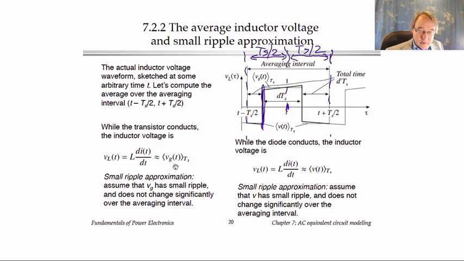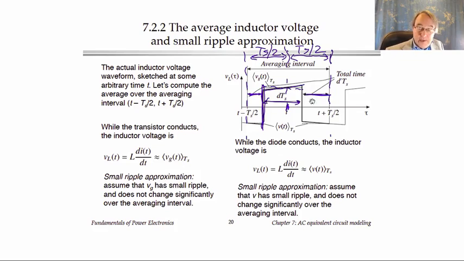So the inductor voltage during the first interval is the input voltage Vg. If it has ripple, we're going to ignore it, and we're going to replace this Vg of t with its average, the average Vg. Okay, so the D interval is this one right here. The D prime interval is the rest of the switching period, which there's some of it over on the left side and there's some more on the right.